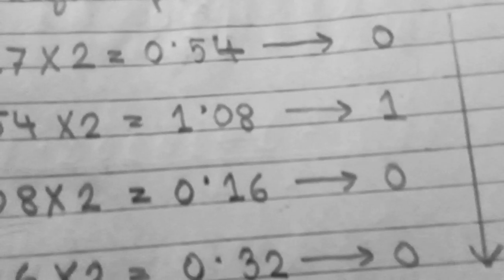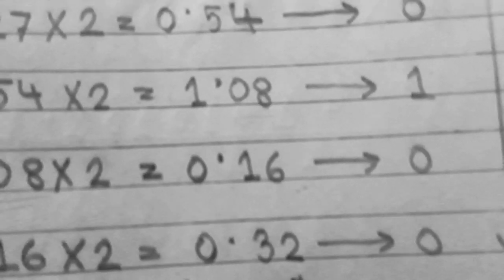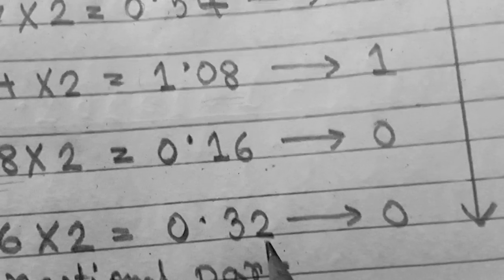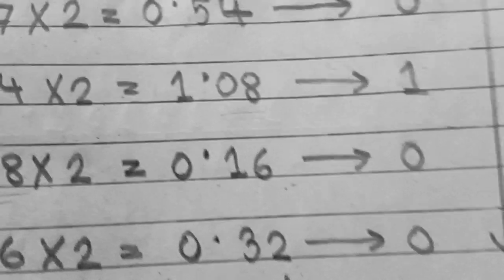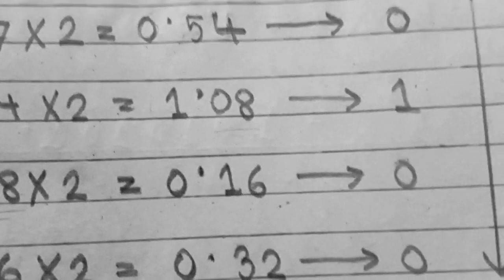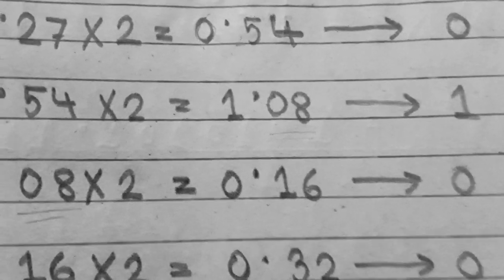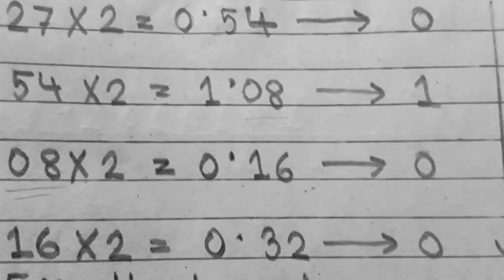But if after 4 times you don't get zeros, then stop. You get an approximate value, not an accurate value, up to 4 decimal places.